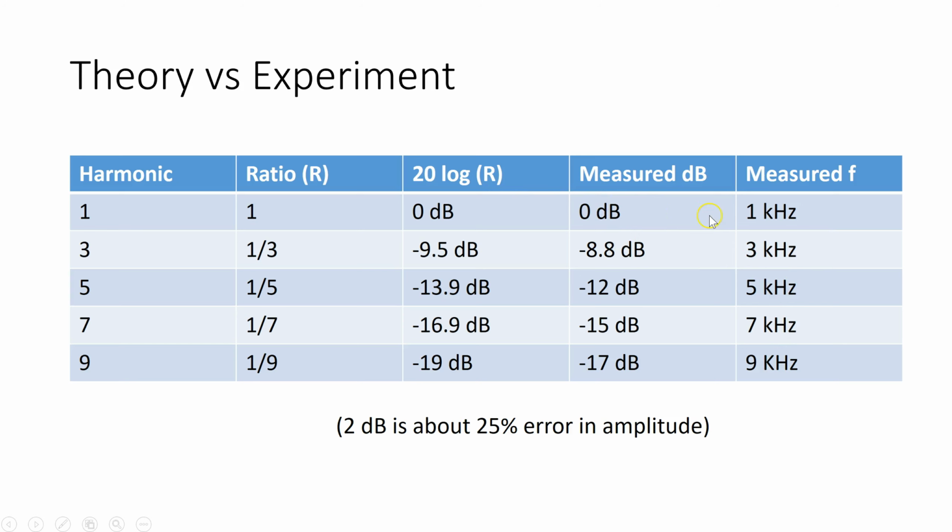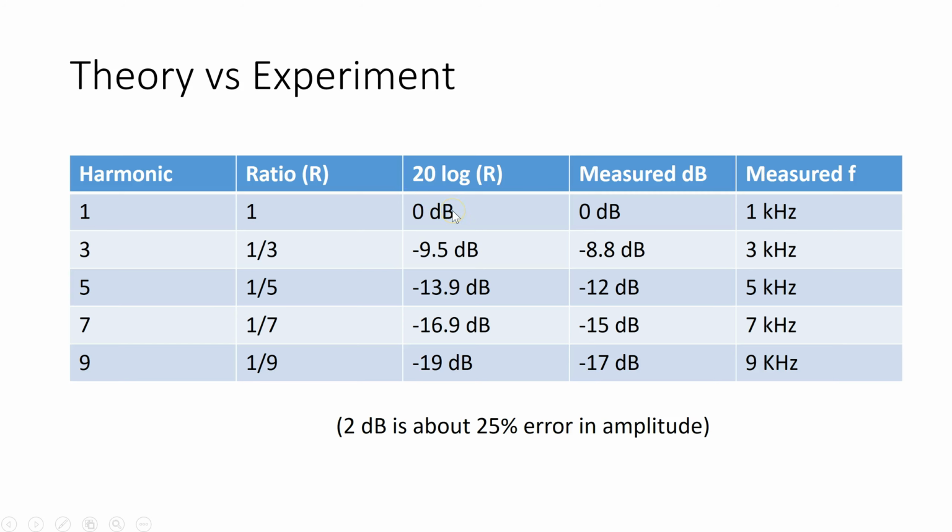What about the ratios of the component size for each of these harmonics? So here's the ratio expected from that theoretical Fourier analysis I showed you at the start of this lecture. 1/3 for the third harmonic, 1/5 for the fifth, and so on. What I've done here is to convert these ratios into power-based decibels, 20 log of this ratio.